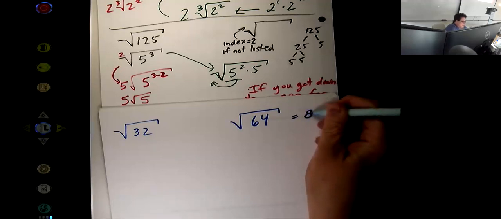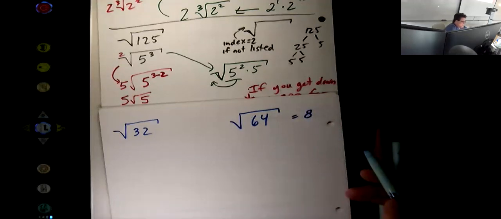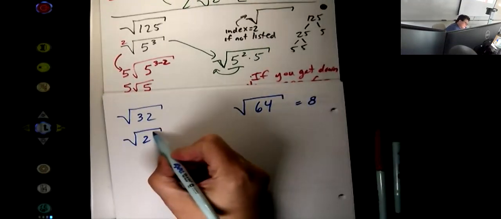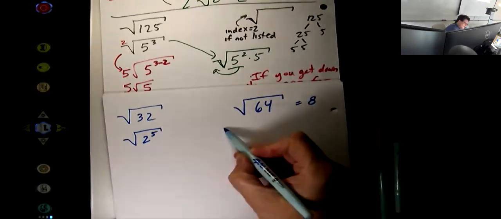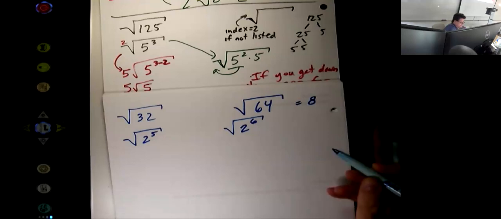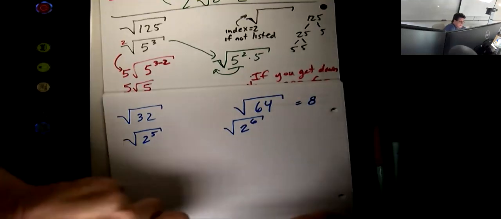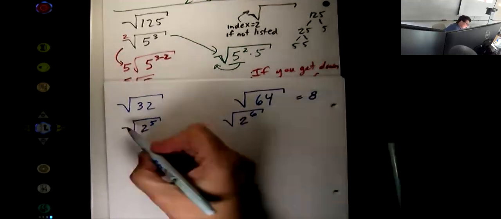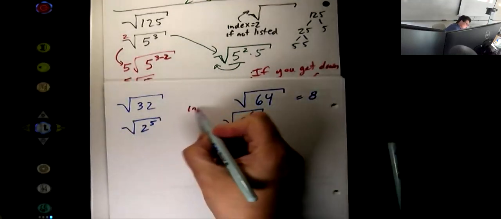So that should be 8. I should be able to get 8 doing the same thing with this factor stuff. We already showed that 32 was 2 to the 5th power. 64 is 2 to the 6th power. In both cases, it's a square root, so the index is 2 for both of them.